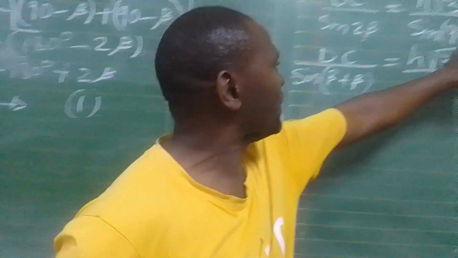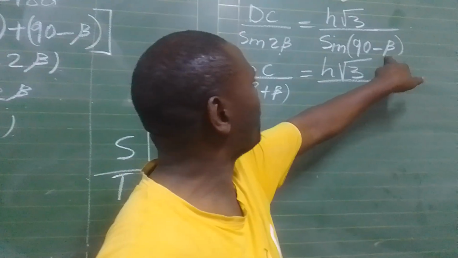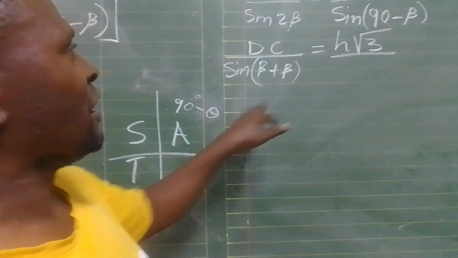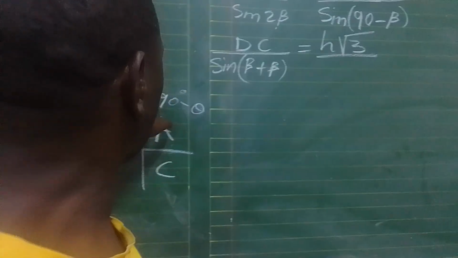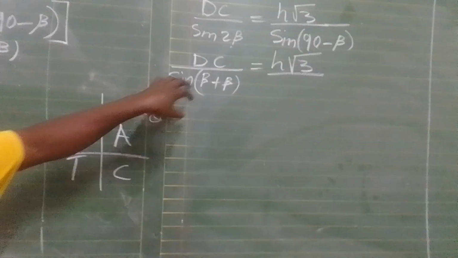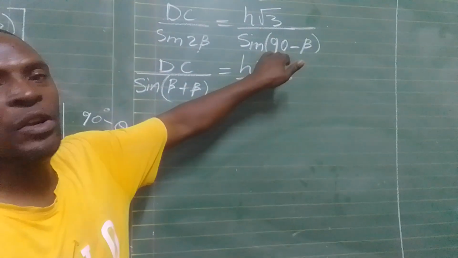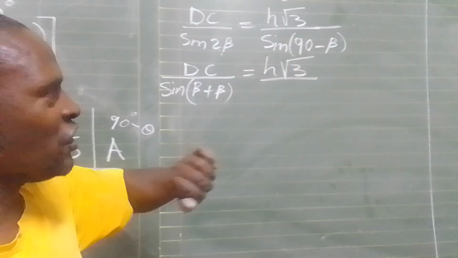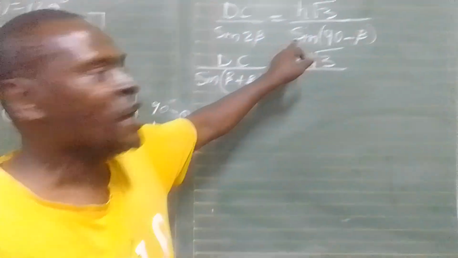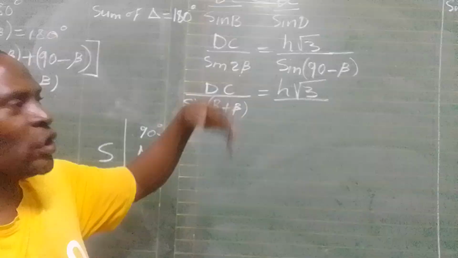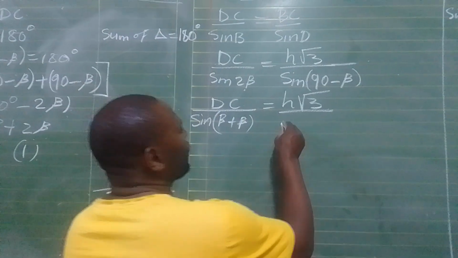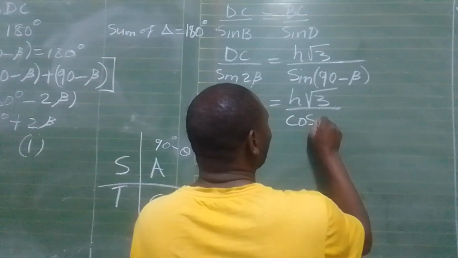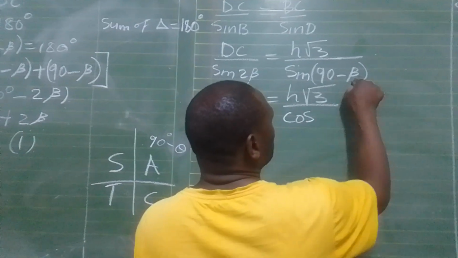Our beta is theta in this case. 90 minus beta is positive. Because it's sine and this is 90, it means cofunction. Cofunction means you change the sine to cosine. You add co to the sine, then you get cosine of beta.